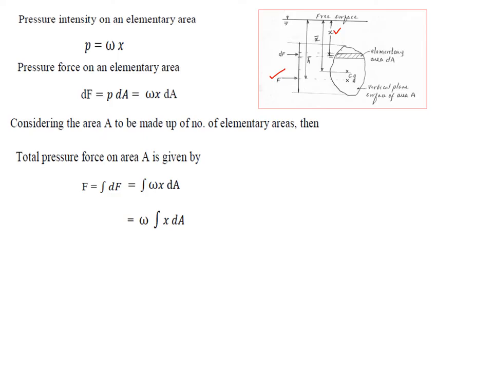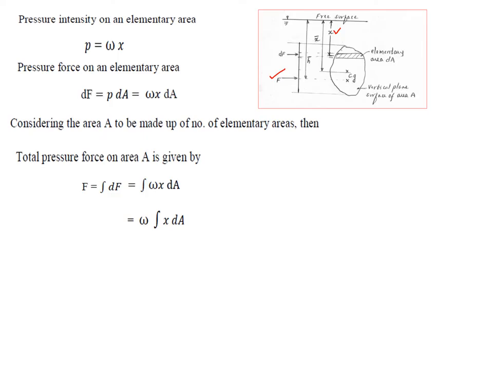Here it is the moment of the area about which axis? About the free surface. So the summation is the first moment of areas about the free surface. But in engineering mechanics you have studied that the summation of first moment of area is nothing but the total area multiplied by its CG distance, that is A into x bar.